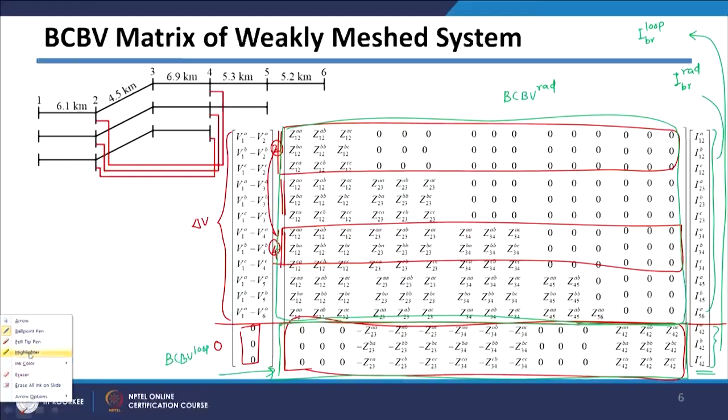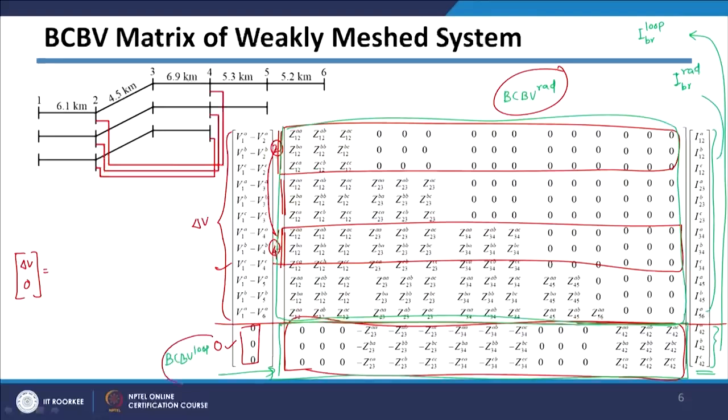So, if you write this whole matrix in short form, it will be delta V, 0 on this side. So, I have taken these two quantities here, this one and this one. Then the BCBV matrix we have divided into two, where some part is radial and the bottom part is loop. So, this is your BCBV corresponding to radial part and BCBV corresponding to loop part, and it is getting multiplied with your branch currents.